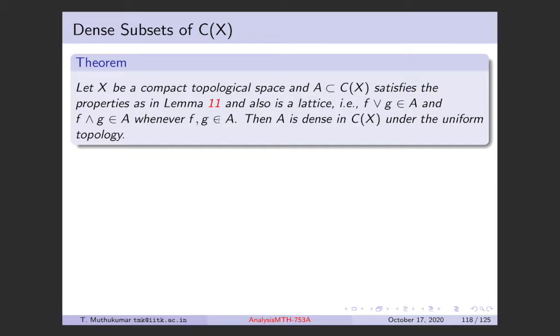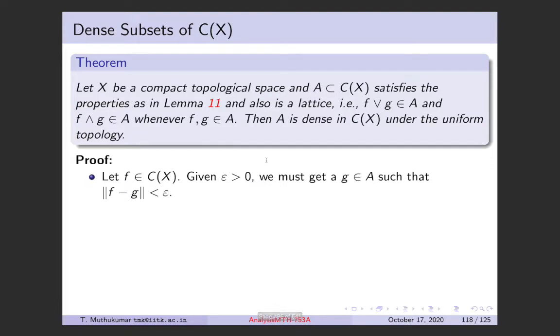If those three conditions plus this lattice condition are satisfied by a subset of the space of continuous functions, then that set is dense in the space of continuous functions under the uniform topology. Let's prove this here.